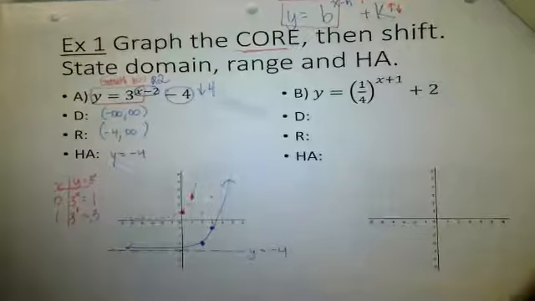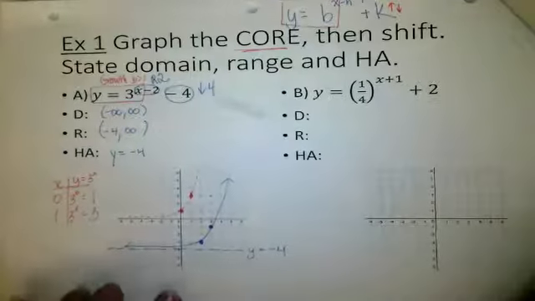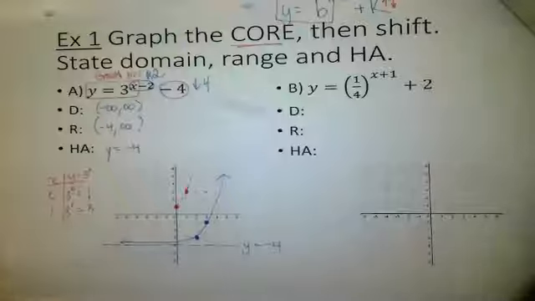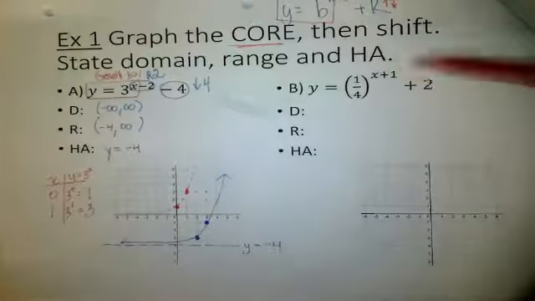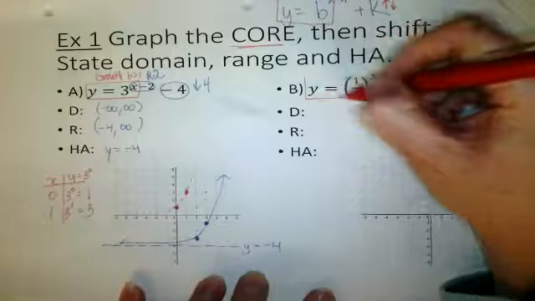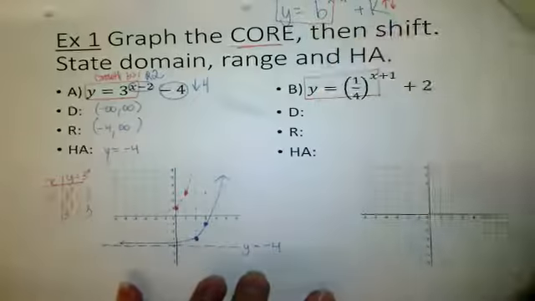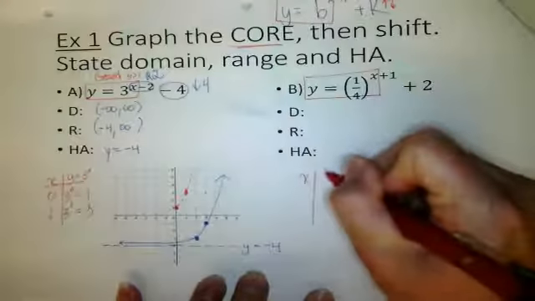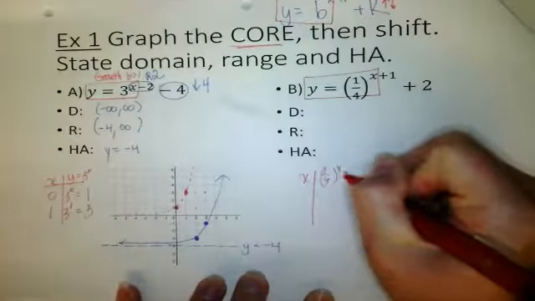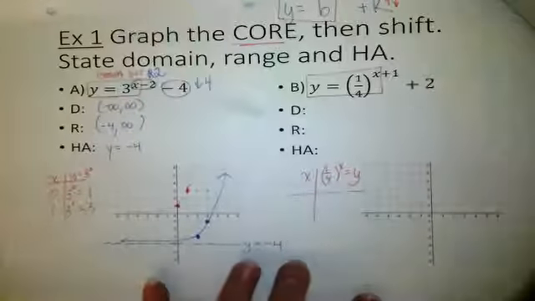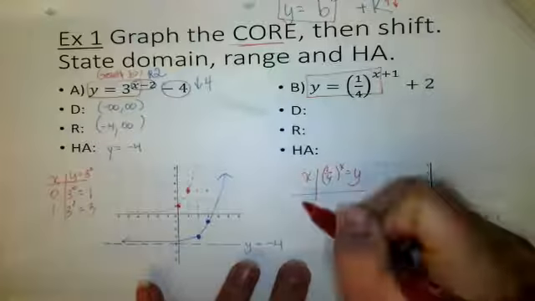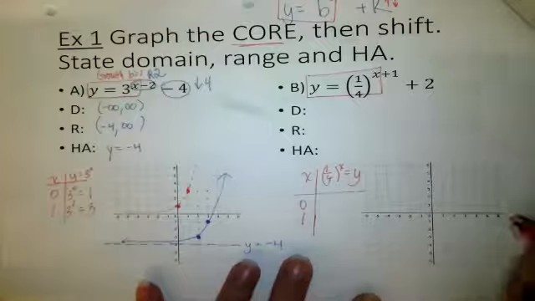All right, let's try another one. We have y equals 1/4 to the x plus 1 plus 2. I'm going to start just by graphing this core function, and I can make a very little xy chart. 1/4 to the x, and I'm just going to plug in 0 and 1.